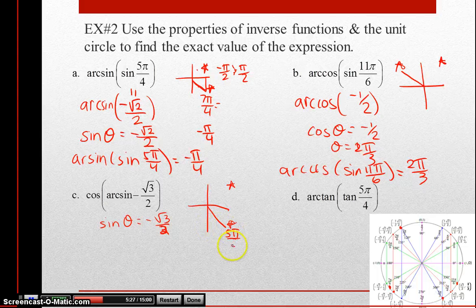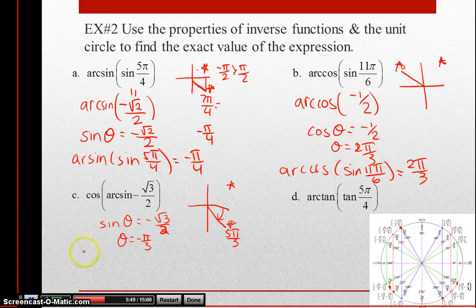But remember the way the arc cosine is defined, that our angle has to be between negative pi over 2 and pi over 2. So we just need to convert this to a negative angle. So if we go this way, we're going to go negative pi over 3.